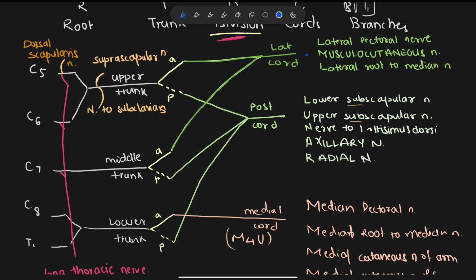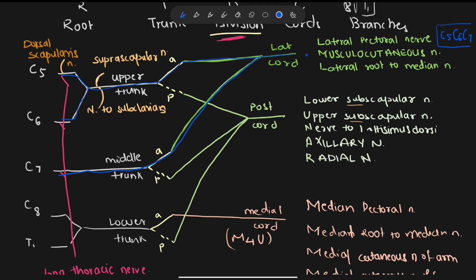If you trace it like this, what's coming? C5, C6, and if you come here, it is C7. So it's easy. C5, C6, C7. This is the root value of the lateral branches.